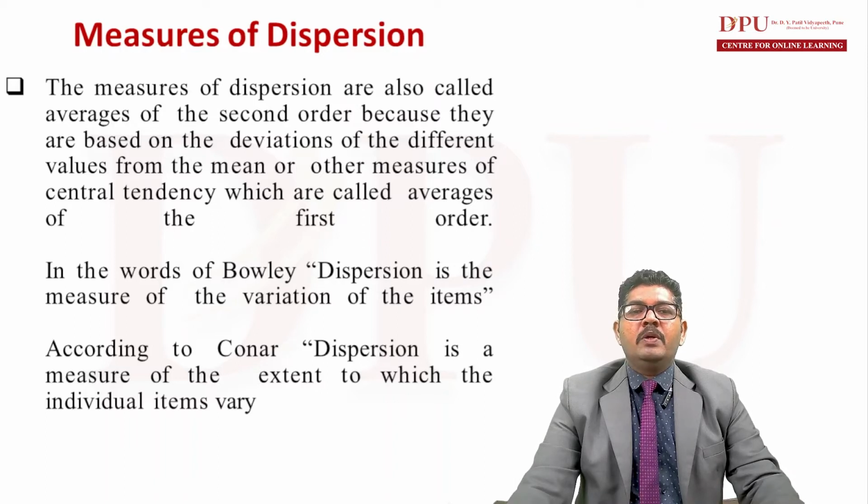Measures of central tendency are called averages of the first order, and in the case of measures of dispersion, we calculate the average of deviations about the first order averages, and that's why the measures of dispersion are called averages of second order. In the words of Bowley, dispersion is the measure of variation of the items. According to Konar, dispersion is a measure of the extent to which the individual items vary from the central value.